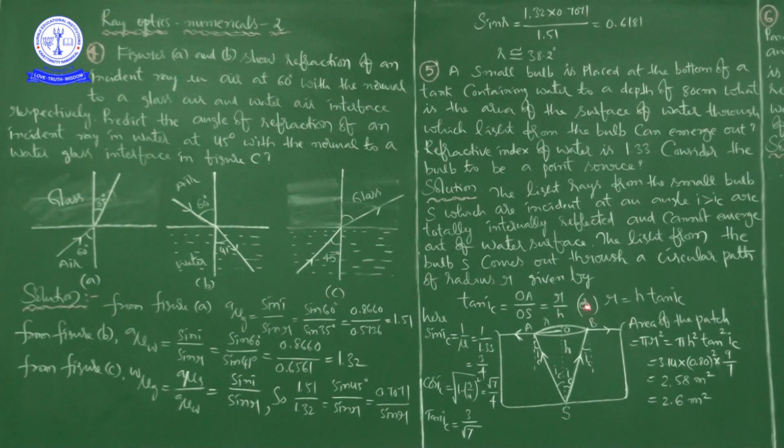Suppose a person is here, looking at the surface of water, he will see that this part of the water surface is illuminated, while this part of the surface is dark. This part is glowing, shining and illuminating, and here is the ordinary water surface.